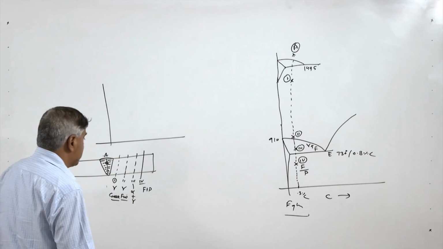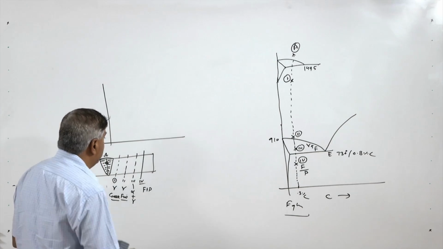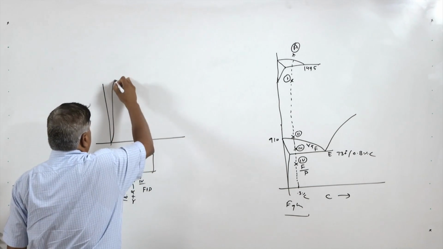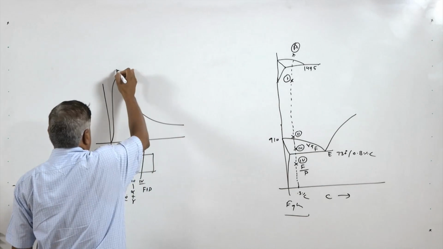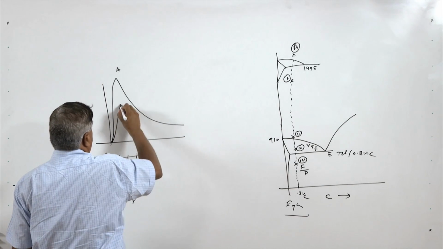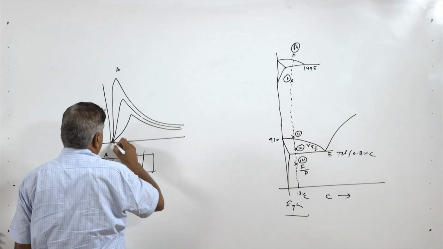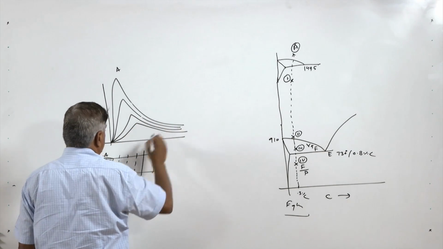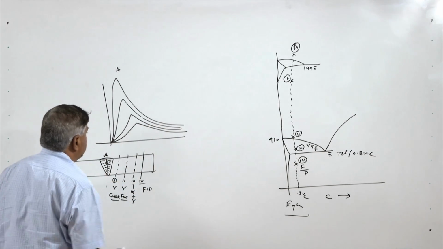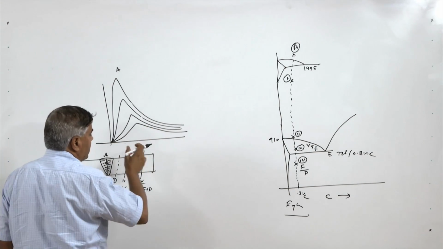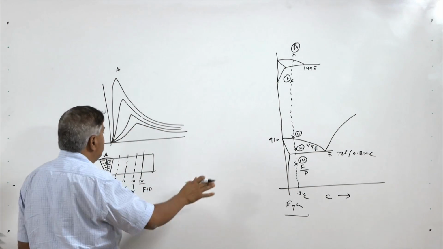But since during welding the weld thermal cycles experienced at the different points are completely different, like this is say for point 1, then for point 2, point 3 and like this. So the peak temperature is reducing, the holding time is also shorter, the heating rate is reducing, the cooling rate is reducing.